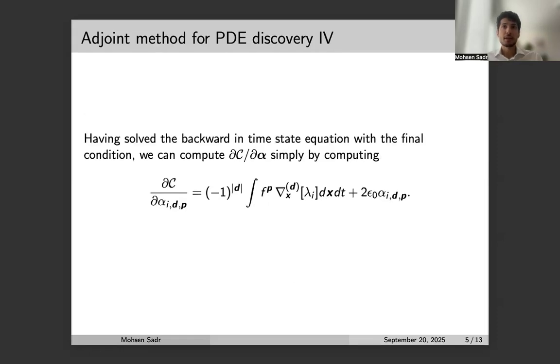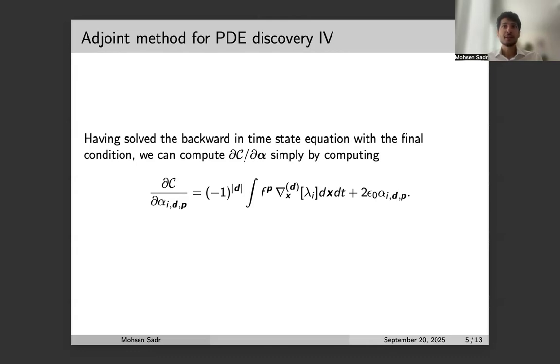Let's do that. If I take the derivatives of the cost function with respect to the PDE parameter alpha, we obtain a very simple and explicit expression which requires computing integrals over space and time of the approximate f and derivative of Lagrange multipliers.